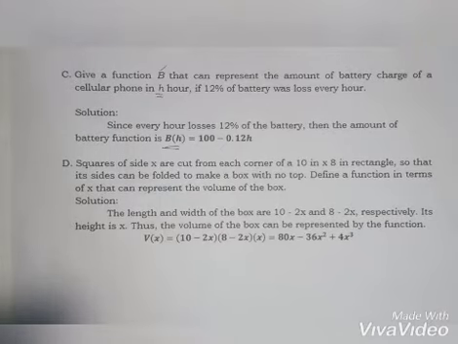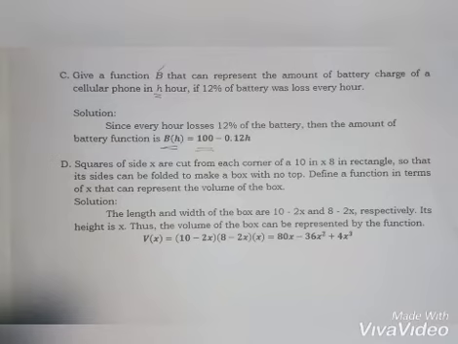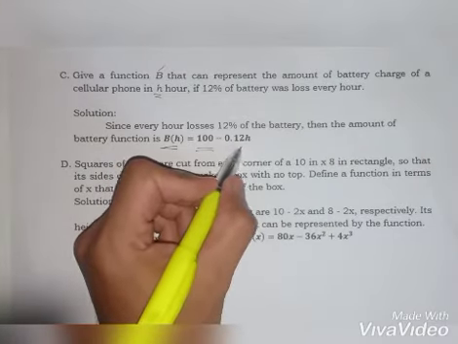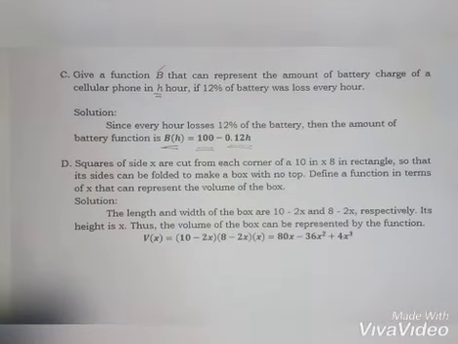So how do we have that? So originally a phone is charged to be 100%, but it loses 12% of the battery every hour. So what is 12%? So we have to convert that to 0.12 times the number of hours.